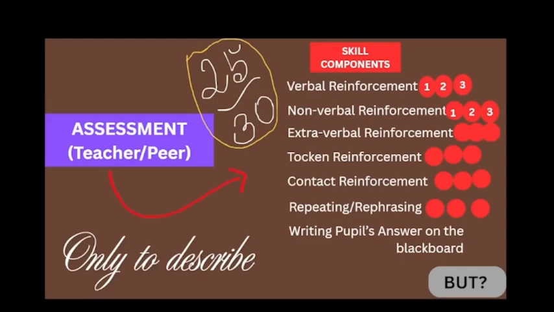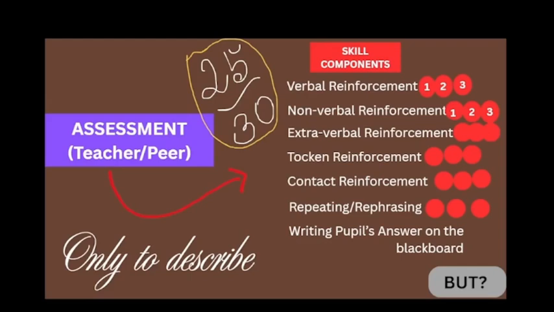But in the later stages, the teachers should try to find out the effectiveness or the impact of all these components, and that requires the teacher's understanding of the criteria of the assessment.